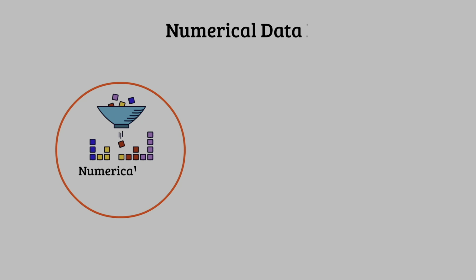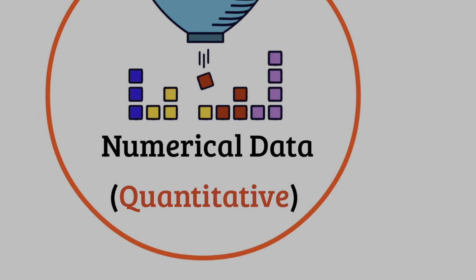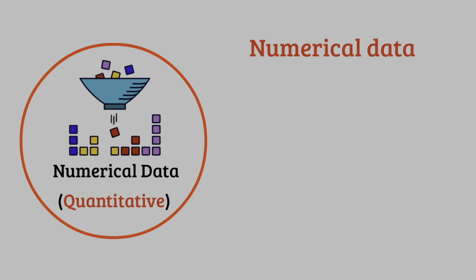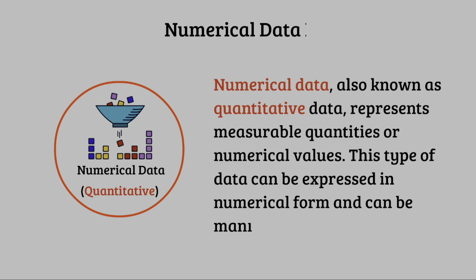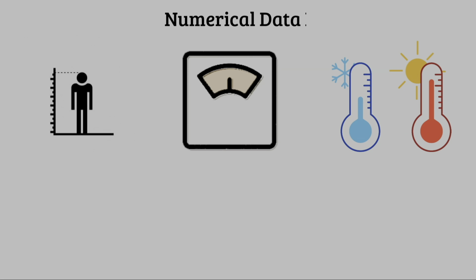Numerical data, also known as quantitative data, represents measurable quantities or numerical values. This type of data can be expressed in numerical form and can be manipulated mathematically. Examples of numerical data include measurements such as height, weight, or temperature.